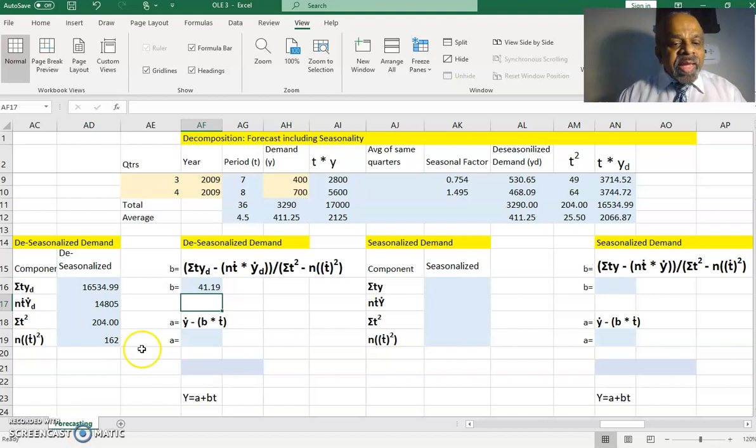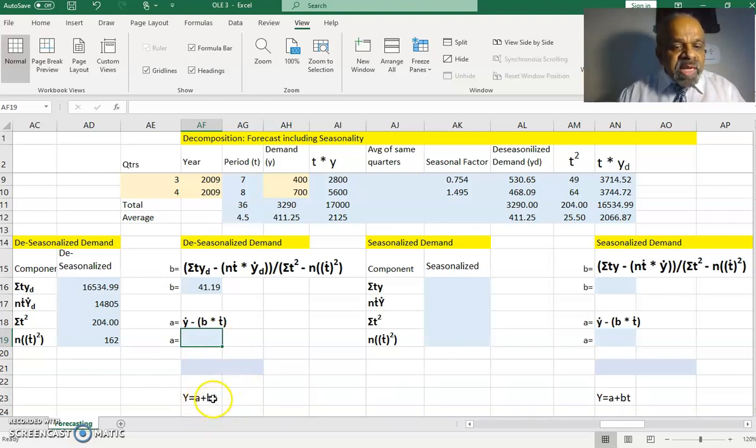Okay. How do I calculate A? You remember, A is the intercept, where x is equal to 0 on the y. How do I calculate the intercept? If I take y equals a plus bt, what is A?